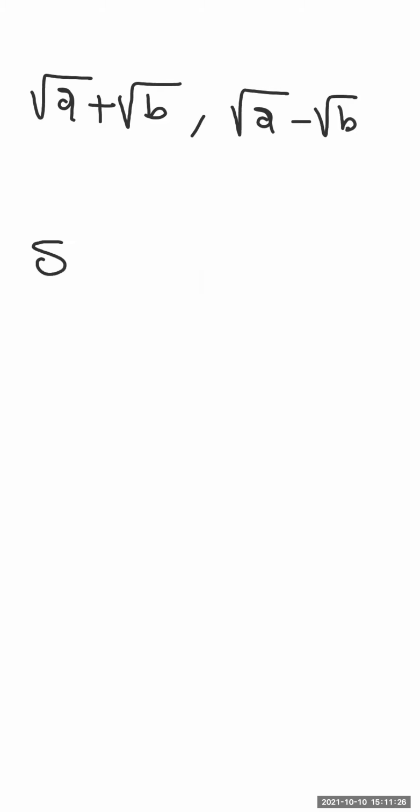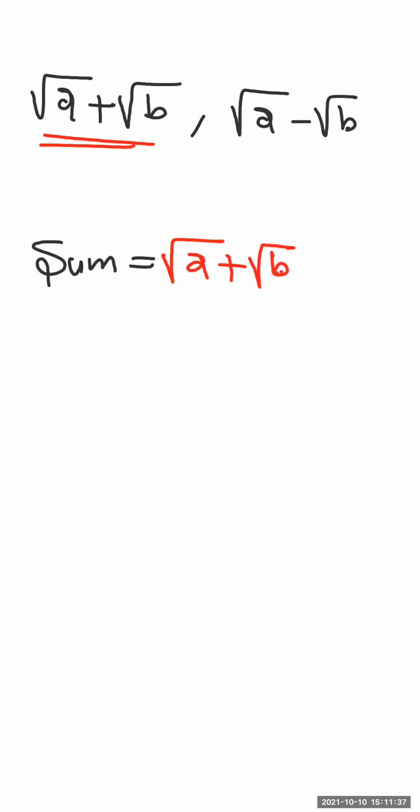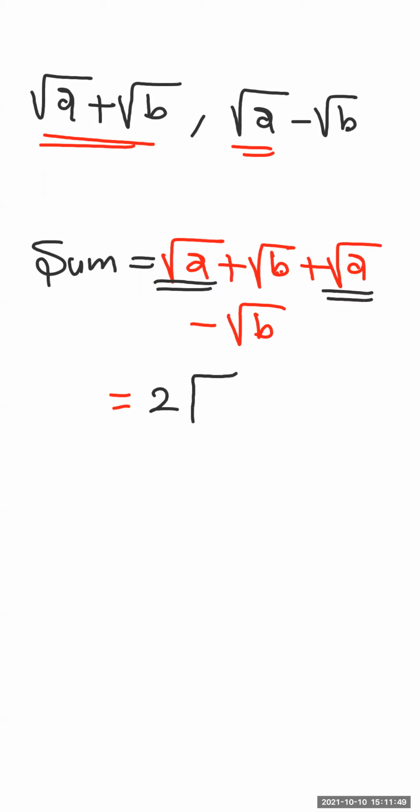So the sum of the two conjugate numbers equals square root of a plus square root of b plus square root of a minus square root of b. This means it will equal square root of a plus square root of a, which is 2 square root of a, and the other two terms, square root of b and minus square root of b, will equal 0, of course.